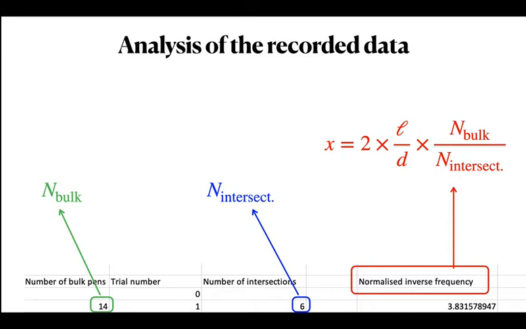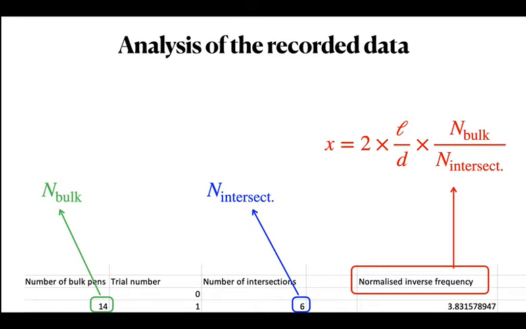And then this is multiplied by the ratio of the total number of bulk pens that have been dropped on the floor over the number of pens that are intersecting with the lines, and again the number of pens amongst the bulk ones.